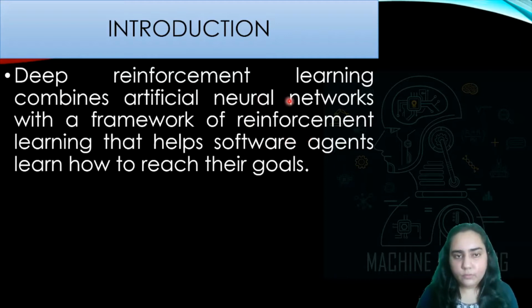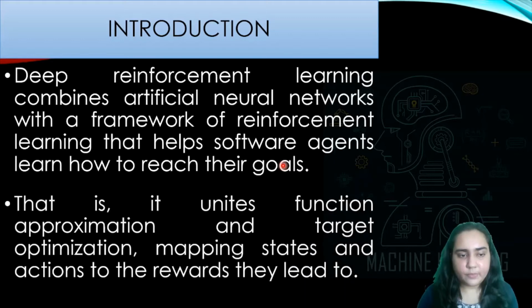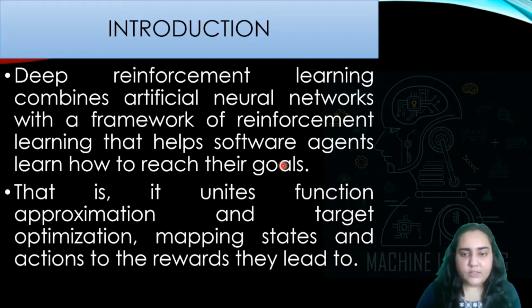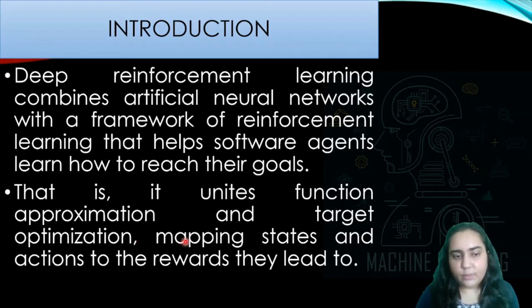So deep reinforcement learning combines reinforcement learning, which is a type of machine learning, with artificial neural networks that we just studied. It unites function approximation and target optimization, mapping states and actions to the rewards they lead to.